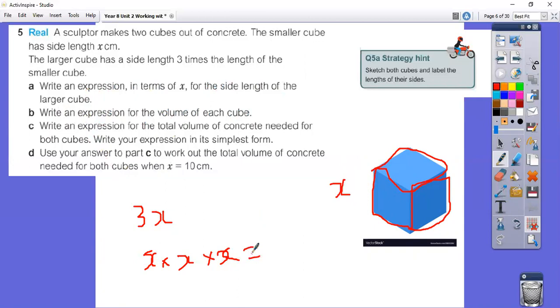And then what will be the volume for the larger cube? And then part C says write an expression for the total volume of concrete needed for both cubes. Write your expression in its simplest form.